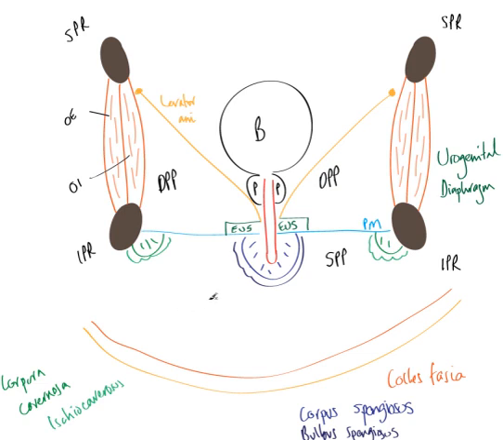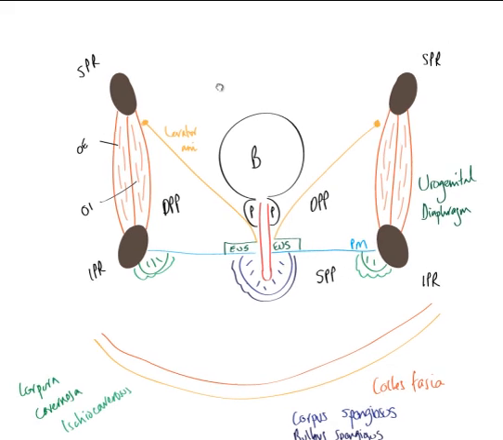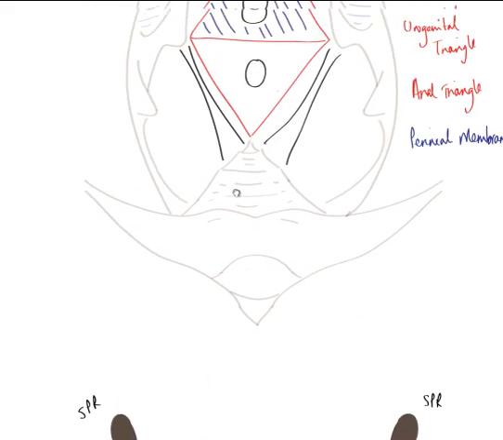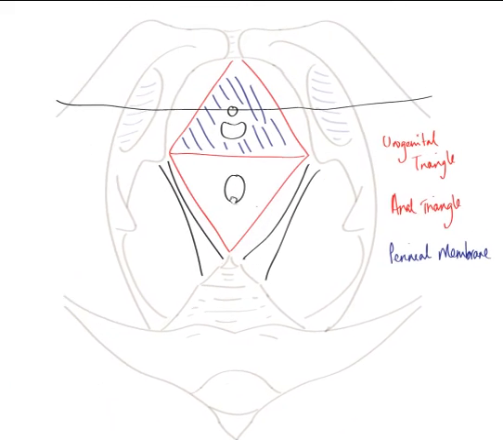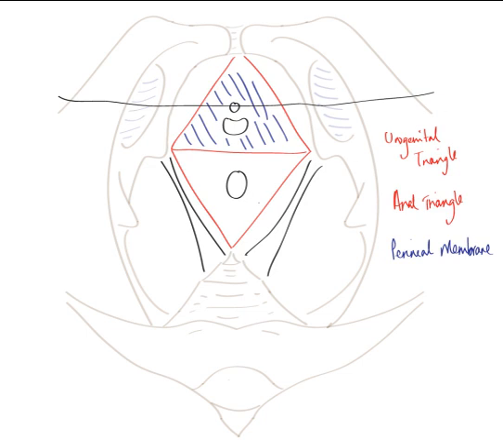So to finish off this video, I just want to briefly return to the image of the pelvis we had at the beginning and draw a second transverse line across the pelvis, but this time so it goes across the anal triangle. So here we can pick up the transverse line going across the anal triangle and specifically across the rectum.